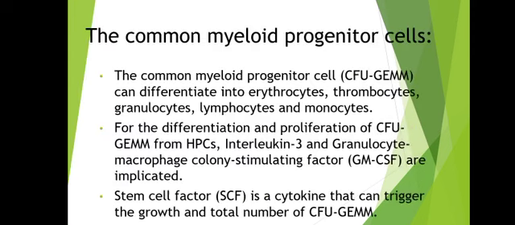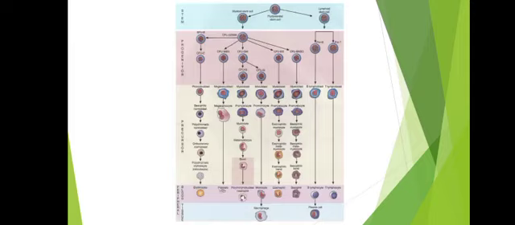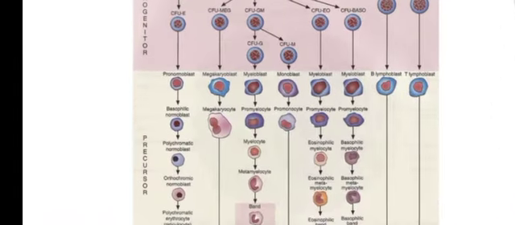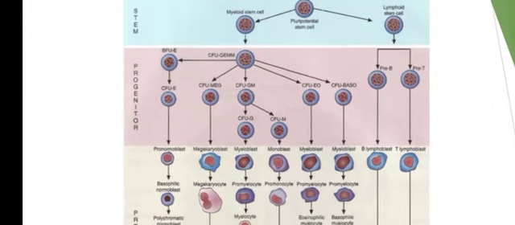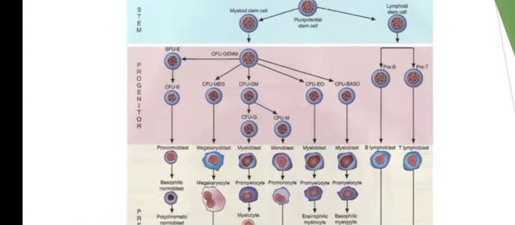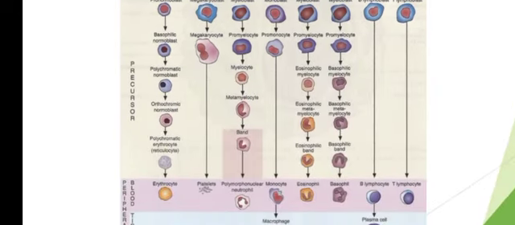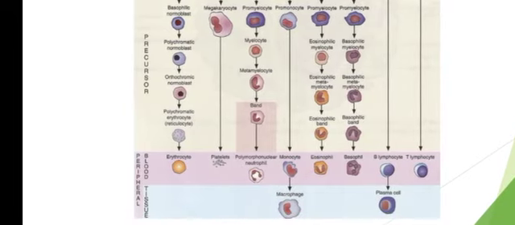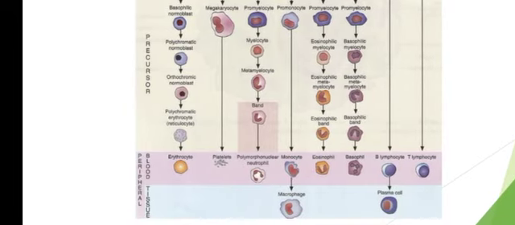Here we can see that the pluripotent stem cell differentiates into the myeloid stem cell and the lymphoid stem cell. Then the progenitors occur and finally form the erythrocyte, platelets, monocyte, eosinophils, basophils, B cells, T cells, etc. in the blood and tissue.